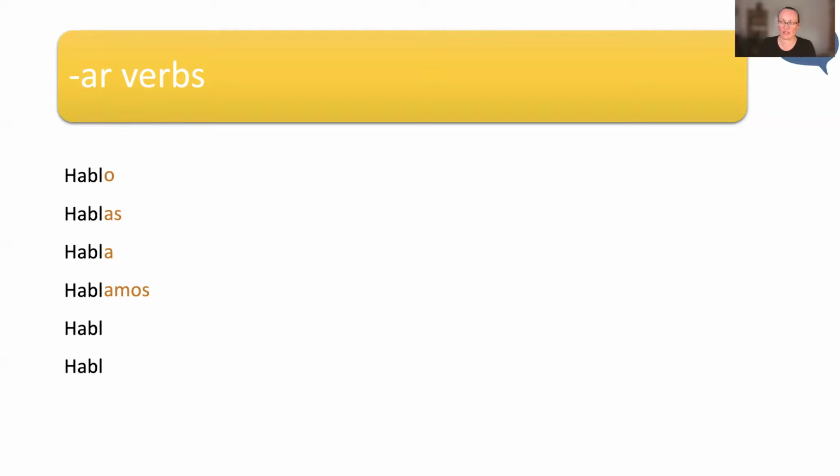Vosotros, which means you plural informal, is habláis, and there's an accent on the A there: A-I-S, A with an accent, I-S. And then ellos, ellas, and ustedes. Ellos and ellas mean they, and ustedes is you plural formal. The ending here is AN, so hablan. I'll go through them all again: hablo, hablas, habla, hablamos, habláis, hablan.